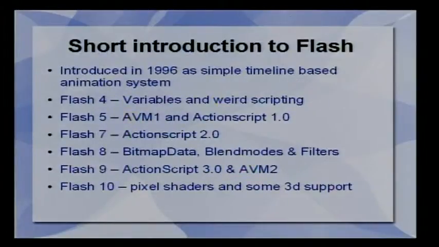With Flash 8, we basically got all the new features that we have today, like bitmap data, different kinds of filters like glow, bevel, blur, all those nice photo filters, and also blend modes like additive blending and difference blending and stuff like that. So it was like a gift from heaven for demo coders when you finally get additive blending. Before that, it was just alpha blending, and even that kind of bugged if you alpha blended too many items together.